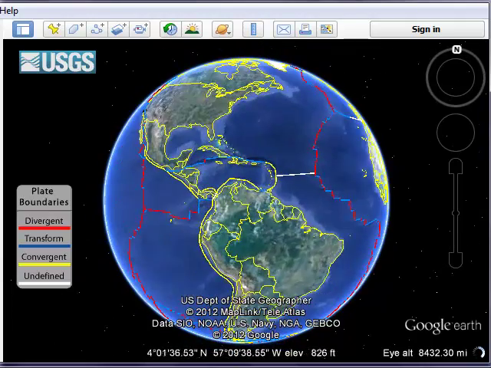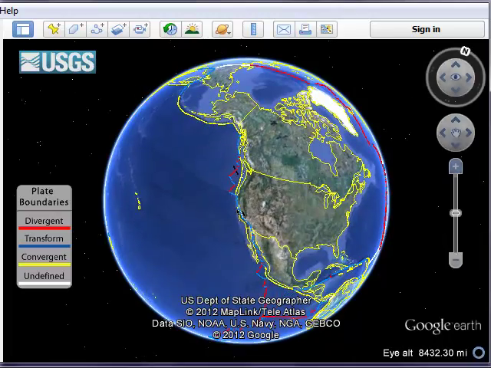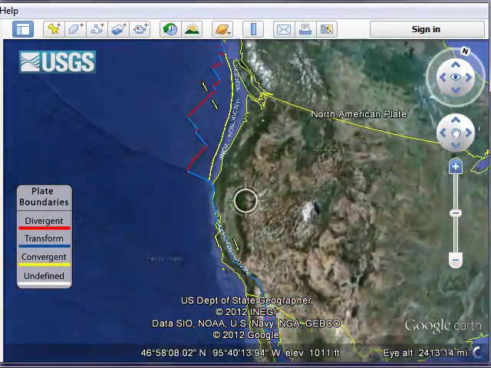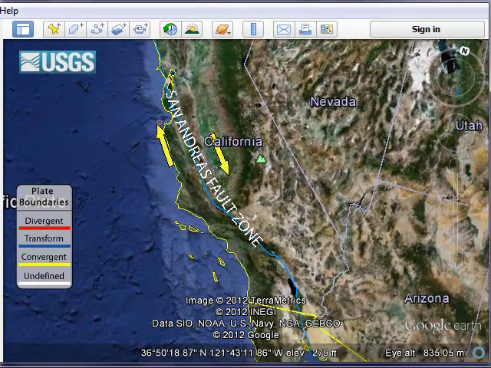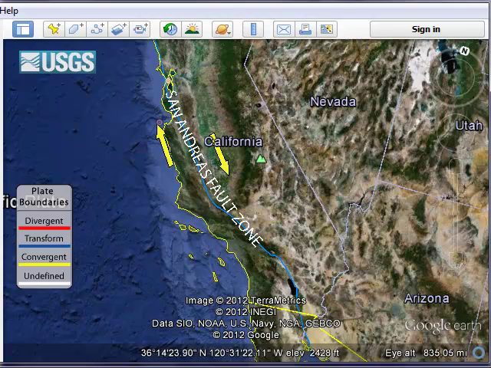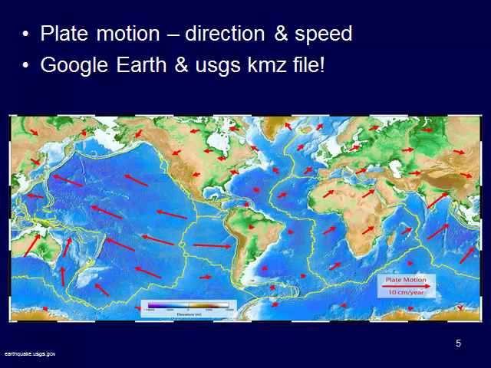Let's go back over to California. We can see in more detail what's happening here at the San Andreas Fault, which is pretty neat. We've got those arrows showing the direction of motion. So we can see we've got different plates moving in different directions and interacting with one another.